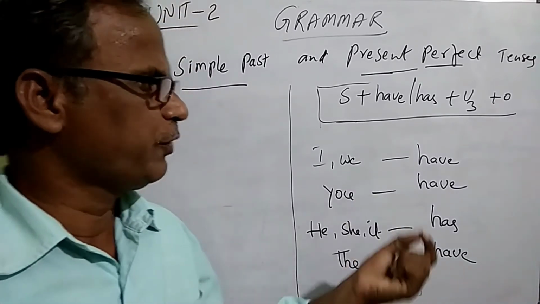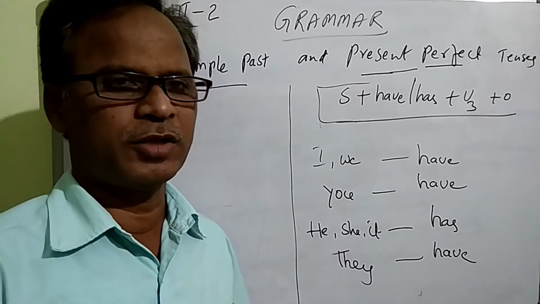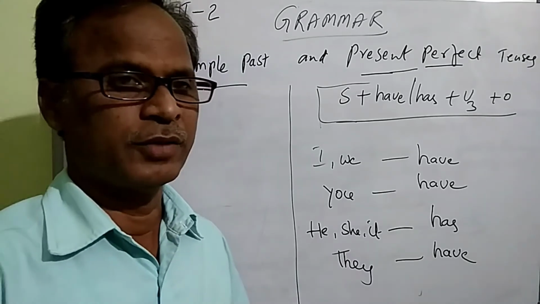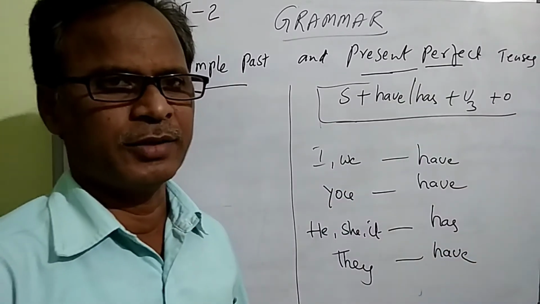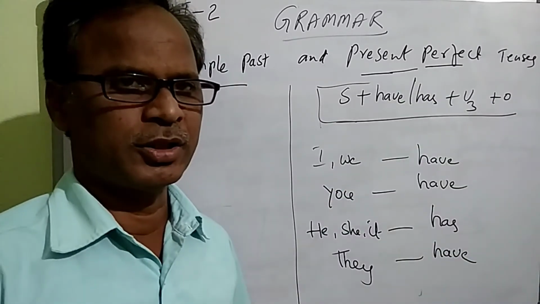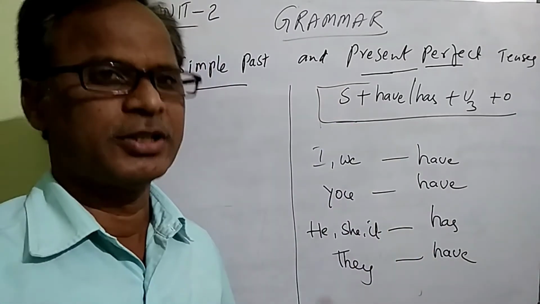Understand? If you are going to share your feeling about today's actions, those finished today, then you can use the present perfect tense. And sometimes we use it for recent past experiences we have.